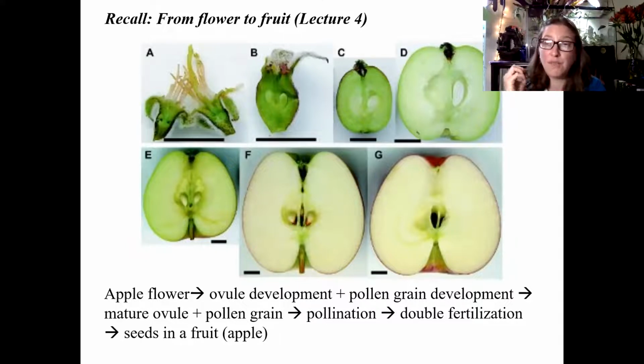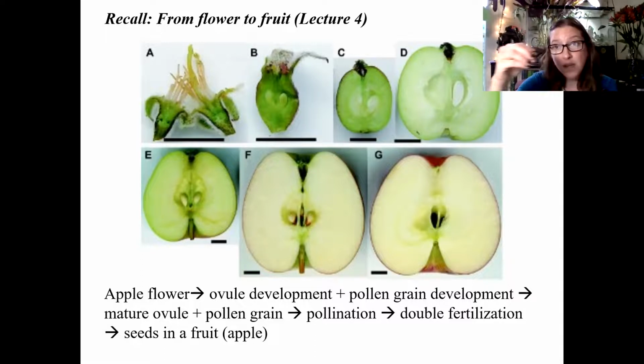On the flower, you have pollen grain development, which occurs in the anthers. Eventually, the ovule is mature and the pollen grain is ready to be released. There's going to be some agent of pollination, maybe a bee or a butterfly, that's going to bring the pollen grain to the tip of the stigma. Pollen tube cell is going to grow down. Sperm is going to travel with it.